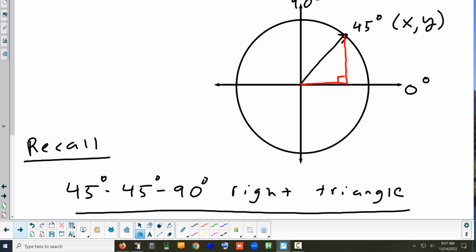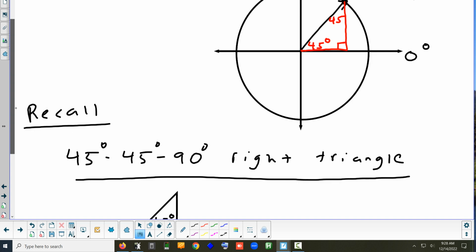Now, I haven't taught you yet how far over and how far up. But look at this triangle. How do you think the lengths of these two red sides compare? They're the same. If this is a 45 degree angle, we know that all the angles have to add up to 180. If this is 45, and this is 45, and the bottom is 90, then they would all add up to 180. So that's an isosceles triangle.